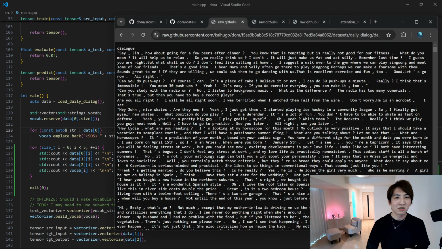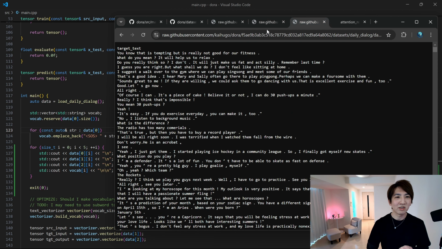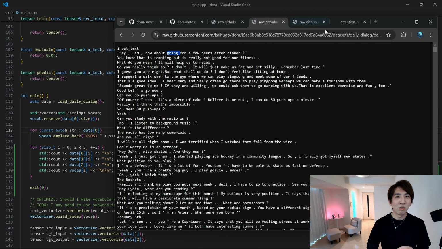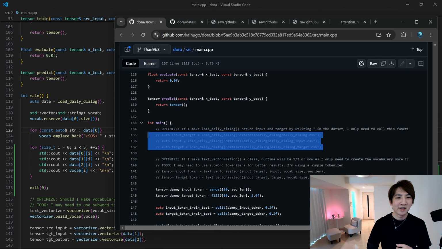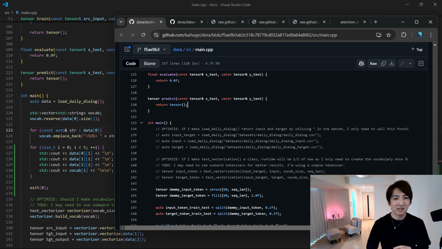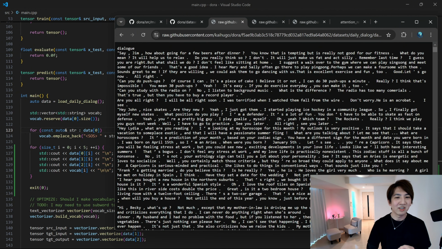Now I'm just using this dataset only, but for some reason I used Python to split this dataset into inputs and targets and load them all. Now I'm splitting this dataset into inputs and targets in C++.